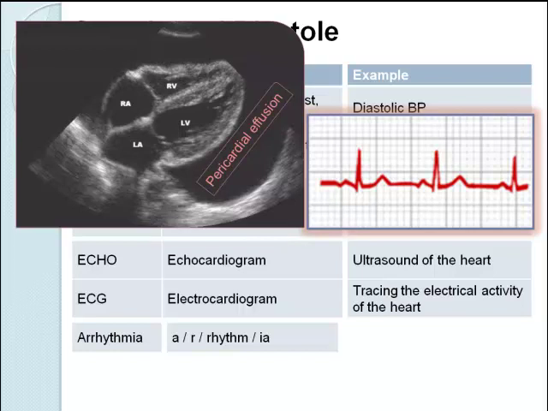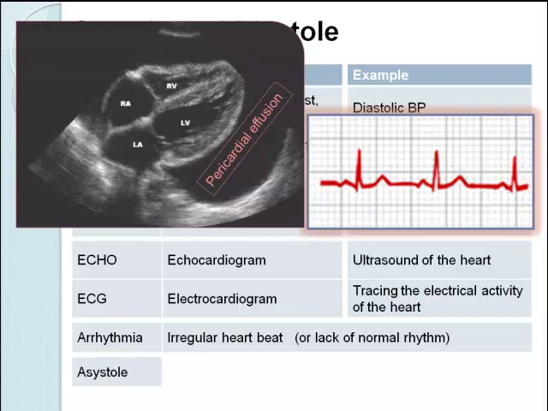And ia is a condition, so I have a condition of no rhythm. And what it's talking about is the heartbeat has an abnormal or irregular pattern. It's an irregular heartbeat, lack of normal rhythm. An ECG will show up all sorts of things, from angina to a myocardial infarction.